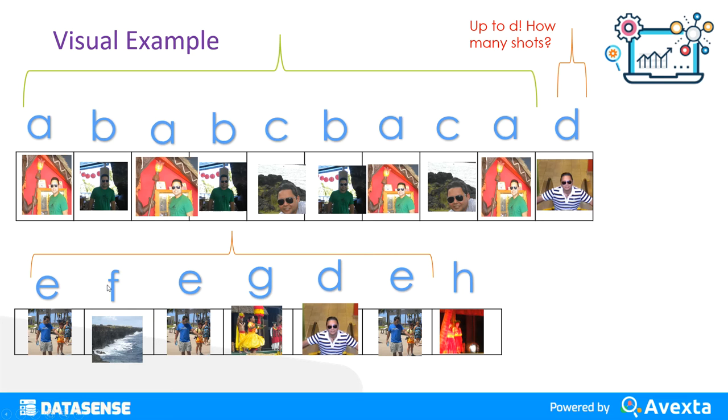Then we go to F. What's the highest duplication of F? I'm sorry, we know, there's only one, so that doesn't beat out E. Then E, we know that's up here. G, we know there is no higher duplication. And then D, what's the highest duplication? It's still this element, so that doesn't change.